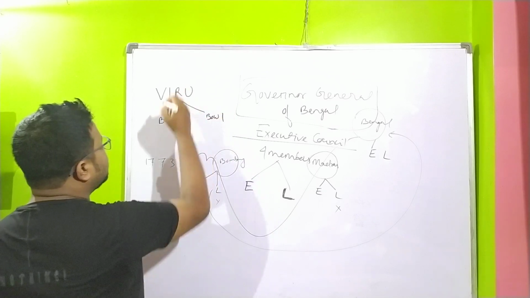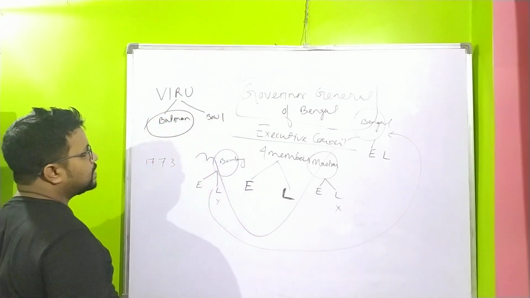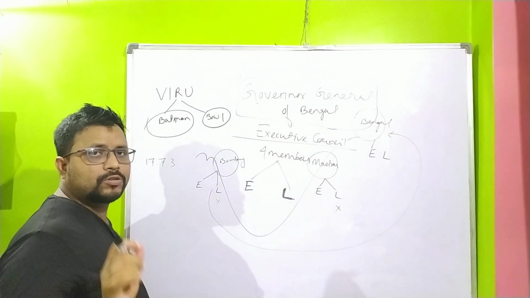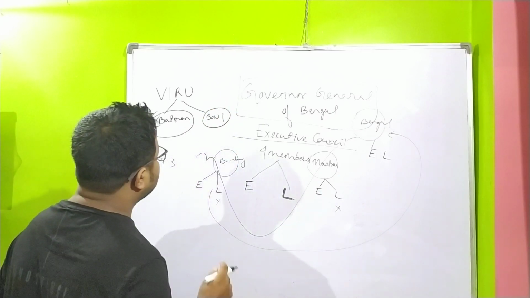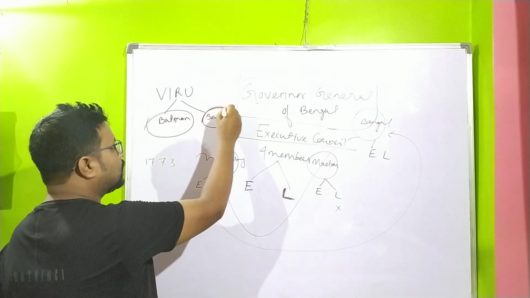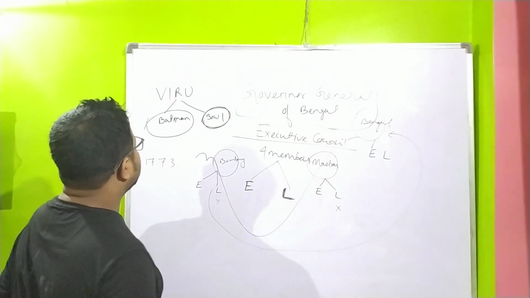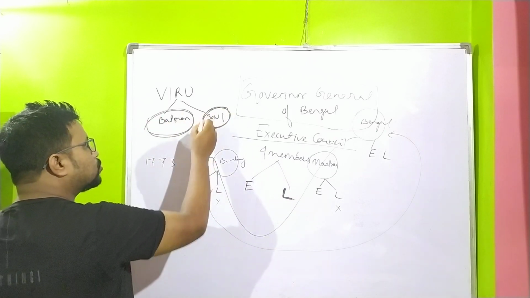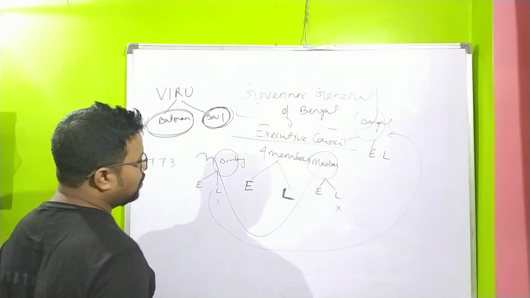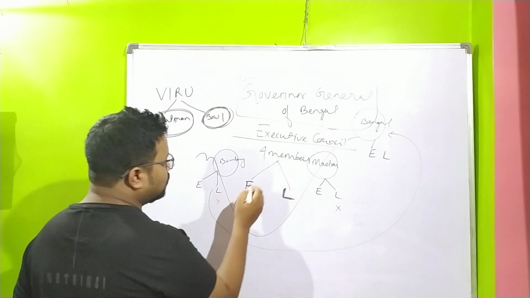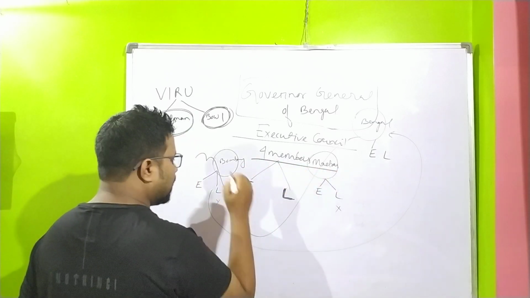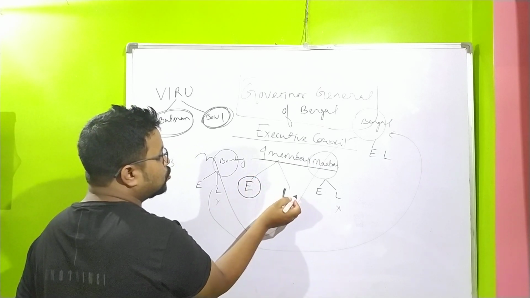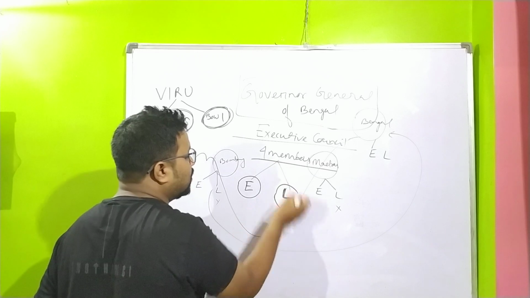He is in the team because of his batting capabilities, but he can also bowl, and his bowling is not to be underestimated, he was sometimes a lethal bowler. Similarly, these 4 executive members were basically executive, but they were also doing the function of legislator.